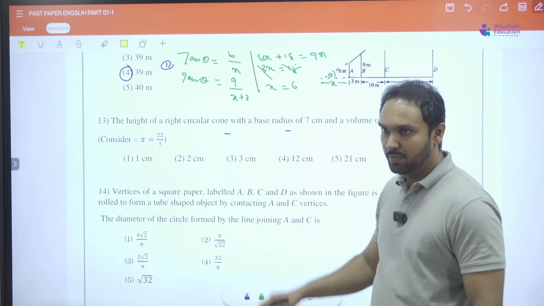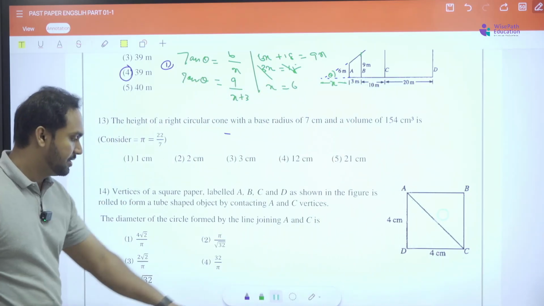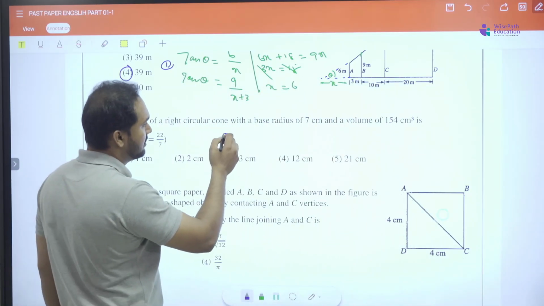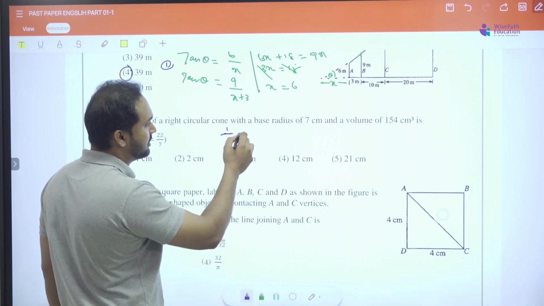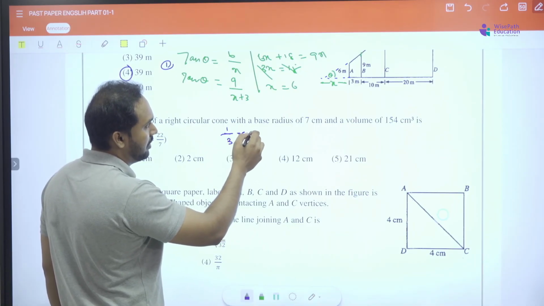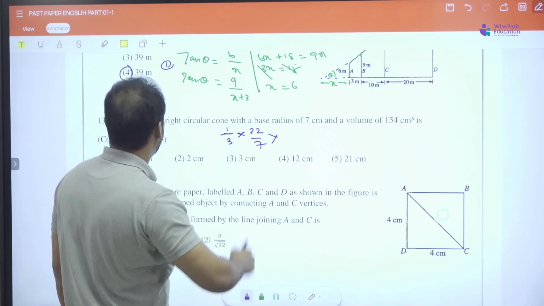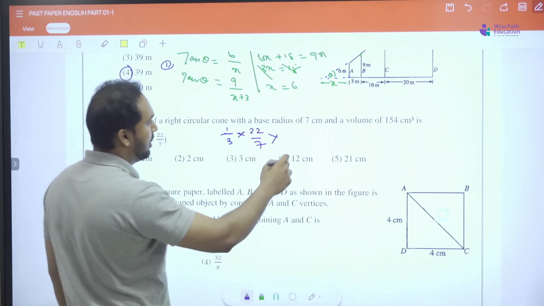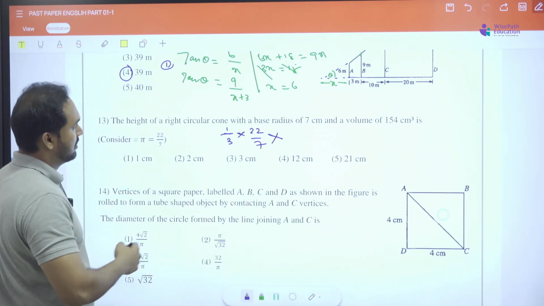You put the formula, right? The formula is 1/3 of pi r square h. Pi is 22/7. R is how much? 7.